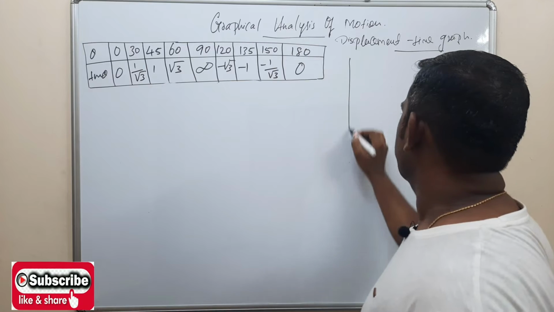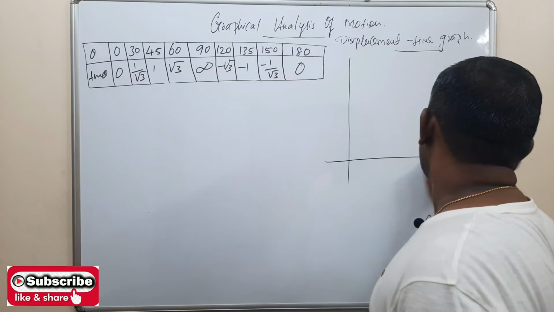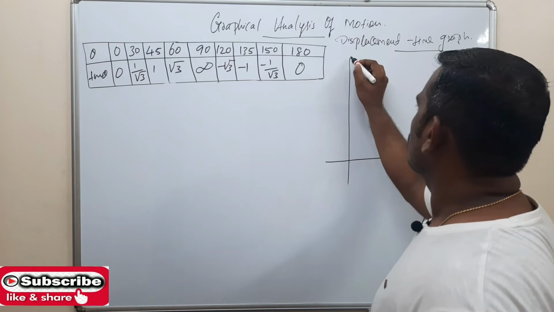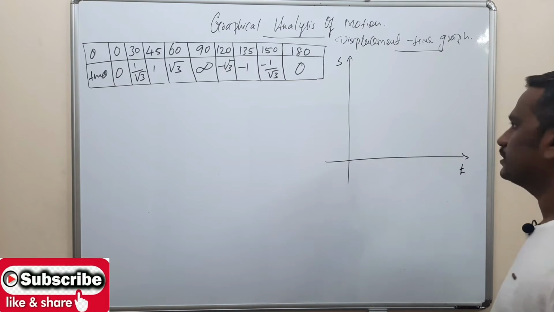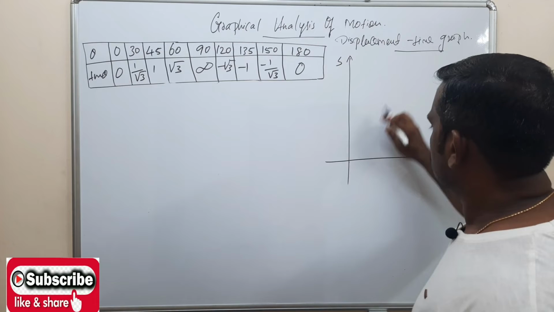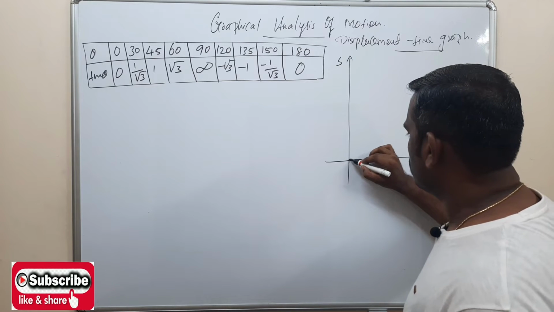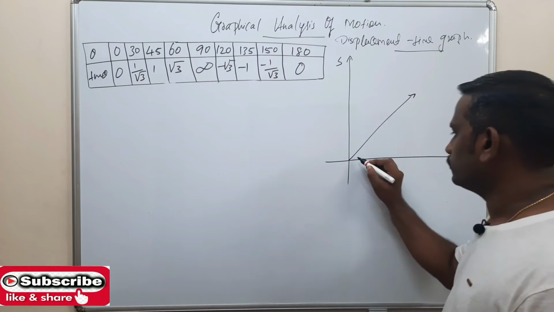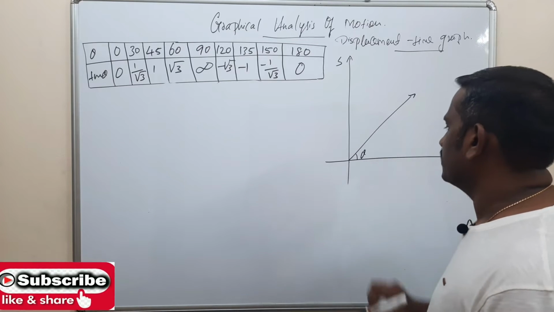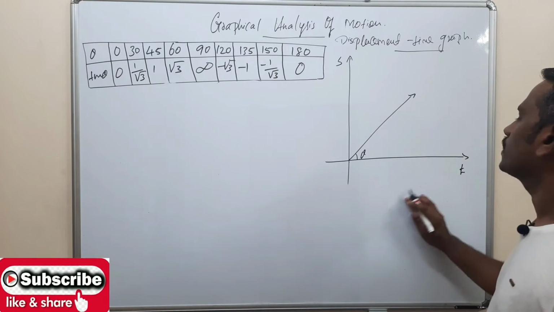So consider a displacement time graph. This is displacement versus time, and this displacement time graph makes an angle theta.